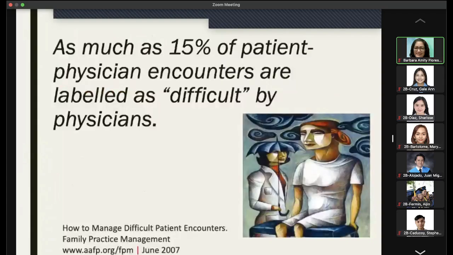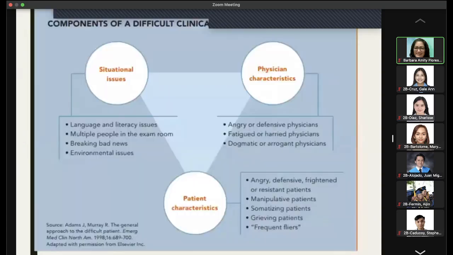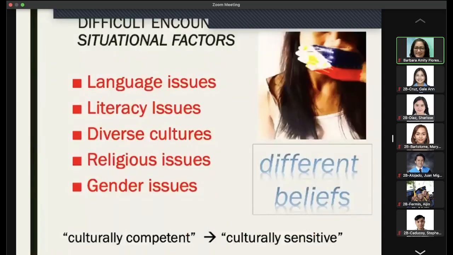As much as 15% of patient-physician encounters are labeled as difficult by physicians. Identified components of difficult clinical encounters are situational issues, physician characteristics, and patient characteristics. Situational factors include language issues, literacy issues, diverse cultures, religious issues, and gender issues.